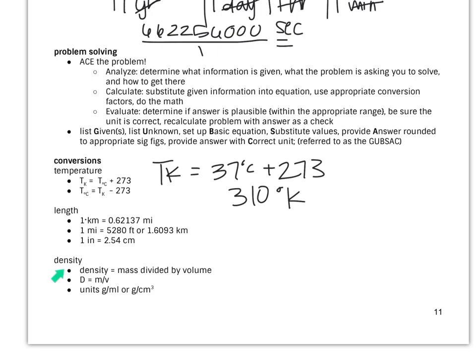Some other common equations that you'll probably need. Density is just mass divided by volume. And then the units for density are grams per milliliter or grams per cubic centimeter. Okay, so this sums up your measurements and calculations notes. Congratulations, we have finished the first unit of chemistry.